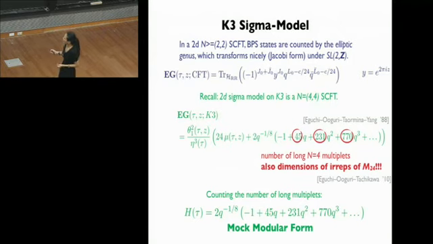And this whole thing, as I said, transforms nicely under SL(2,Z), but we sort of brutally chopped it in half, and it's kind of surprising that this q series we get out in this way also has a nice transformation under SL(2,Z). But in order to describe this transformation, we have to extend the idea of modular form a little bit into what we call the mock modular form.